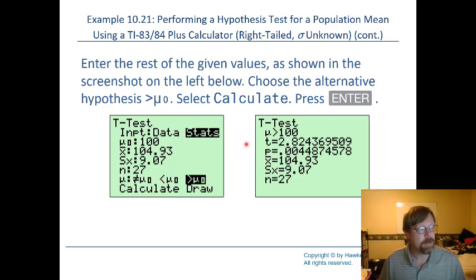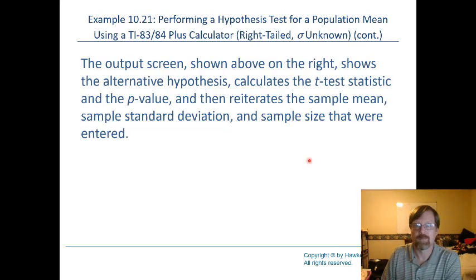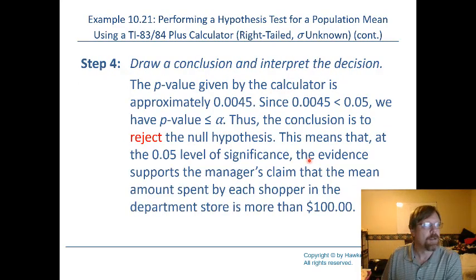Tell it to calculate, and it gives us the t-value for our group and the p-value. So 0.004, which is much less than 0.05, so we reject the null hypothesis. P-value less than or equal to alpha, reject the null hypothesis. At the 0.05 level of significance, evidence supports the claim that the mean amount spent by each shopper in the department store is more than $100.